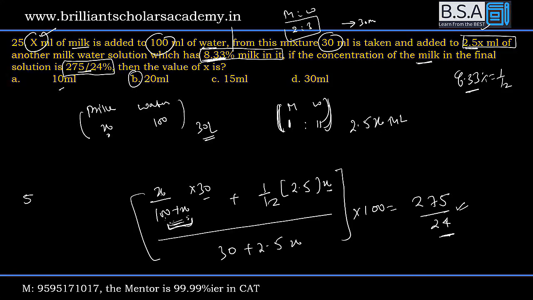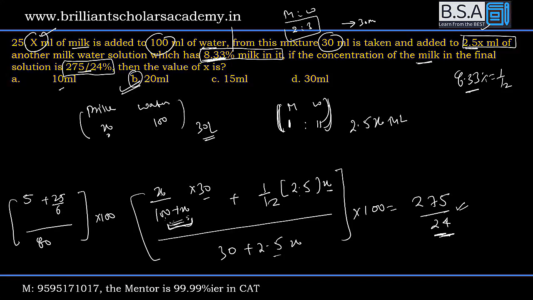If this is 20, 20 into 2.5 is 50. 50 upon 12, so you get 25/6 divided by 80. If you put 20 here, this becomes 50, and this becomes 80. Calculate this and see if it is equal to the target. There is into 100 also with you. This will match perfectly.